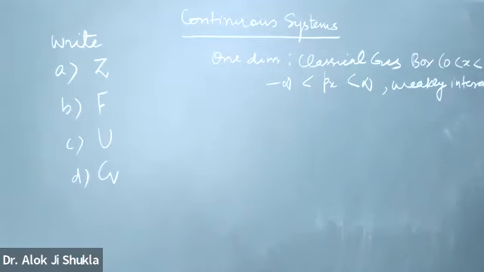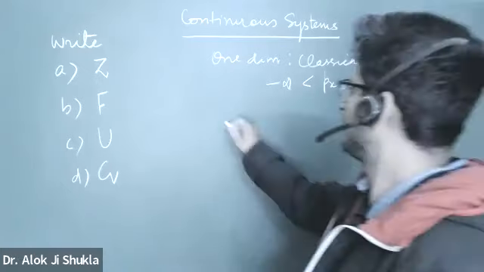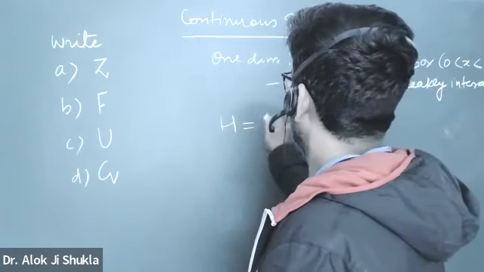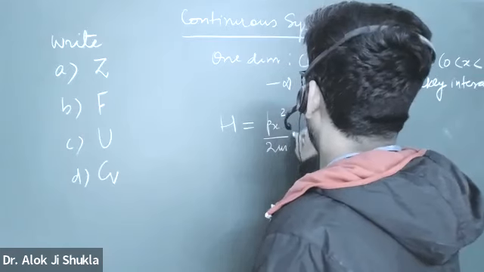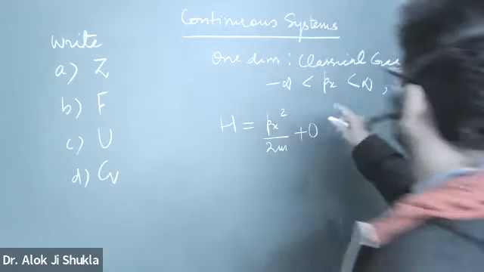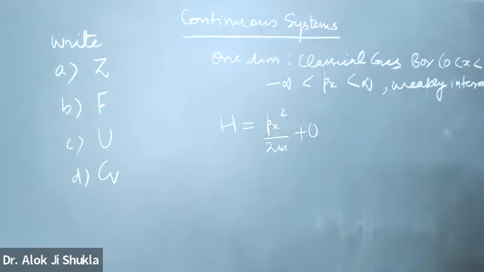Only one dimension is available. Let us try with this simple problem. So the first step is to write the Hamiltonian. It will be given by px square by 2m plus 0. Because it is a weakly interacting system, the potential energy, that means the interaction energy, will be equal to 0.